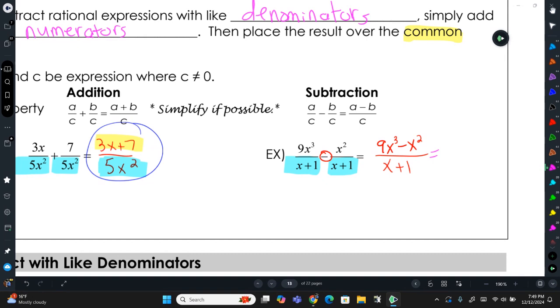We have a GCF of x squared. This would be x squared, and then it's going to be 9x minus 1 over x plus 1. We can't cancel anything, so that would stay our simplified answer.